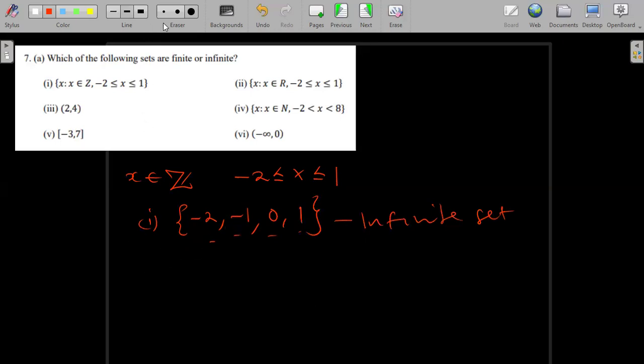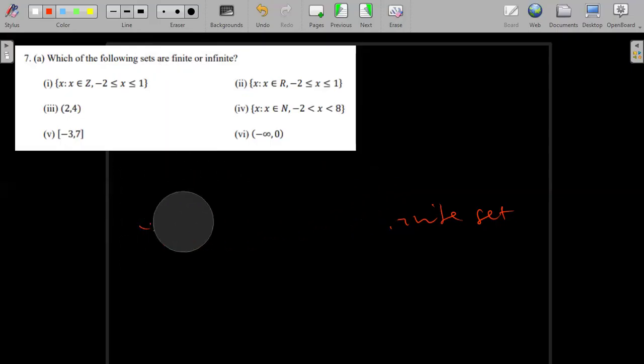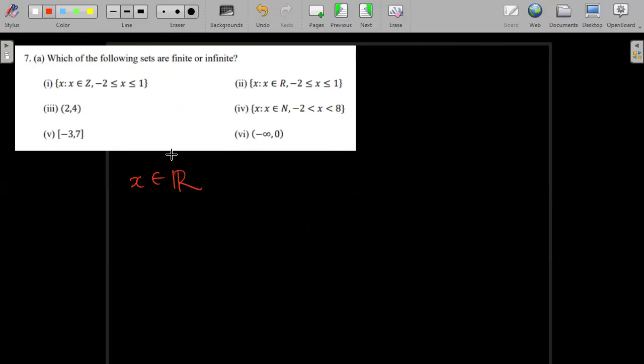So number two, it's the same, but what they've changed is the condition. x is a member of the real numbers. The first one was x is an integer. This one, x is a member of the real numbers, but the same interval, with the endpoints included. So now, with real numbers, I can pick any fraction in between.